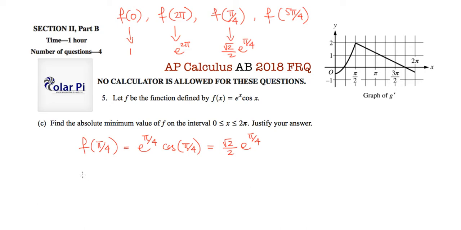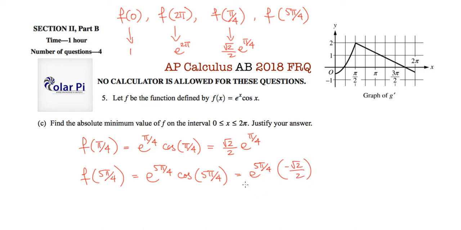Now, what is f of 5 pi over 4? F of 5 pi over 4 will be e to the 5 pi over 4 times cosine of 5 pi over 4. How lucky we are, because e to the 5 pi over 4 is just e to the 5 pi over 4, but cosine of 5 pi over 4 is negative root 2 over 2.